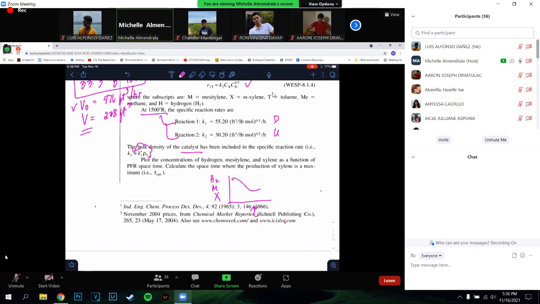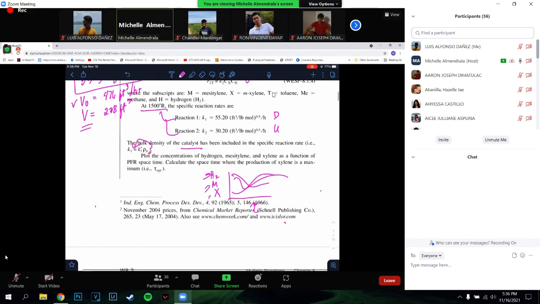Okay, so you just have to know the plots, plot them. So in that way, you have to know the changes in the concentration of hydrogen, concentration of mesitylene, and m-xylene with respect to tau. All right, so that is our objective, set concentration.